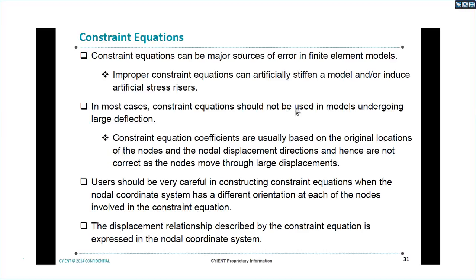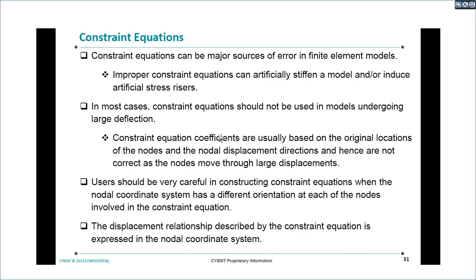Most constraint equations should not be used in models undergoing large deflections. This is one of the important points. So when a component is undergoing large deflections, you should not use constraint equations. Constraint equation coefficients are usually based on the original locations of the nodes, and the nodal displacement directions hence are not correct as the nodes move through large displacements.